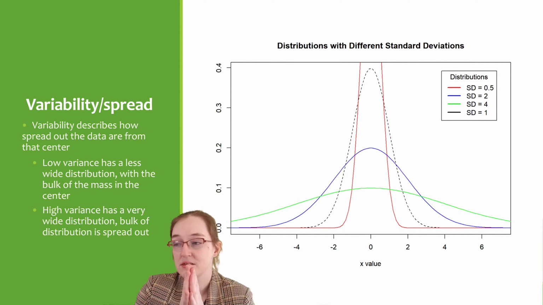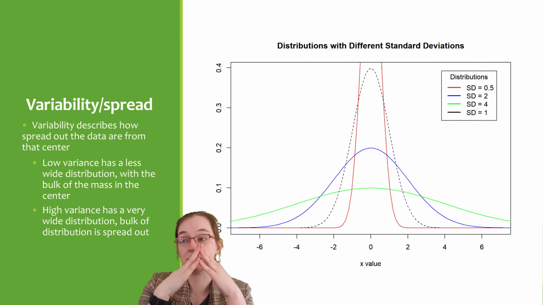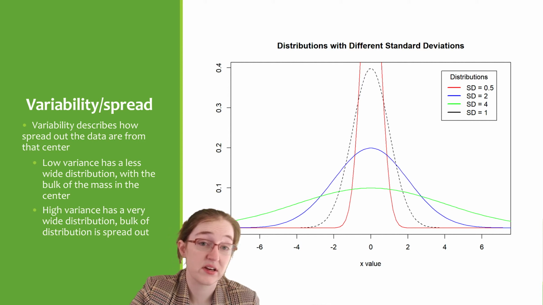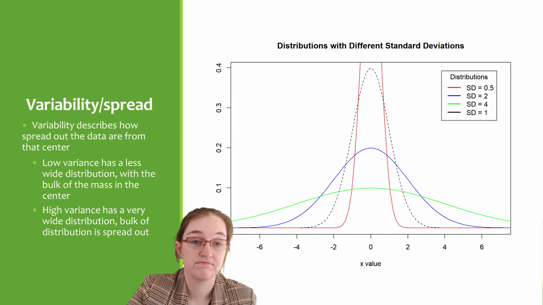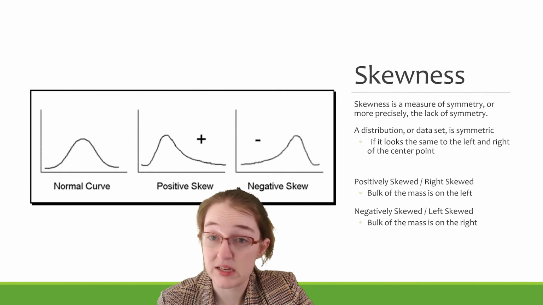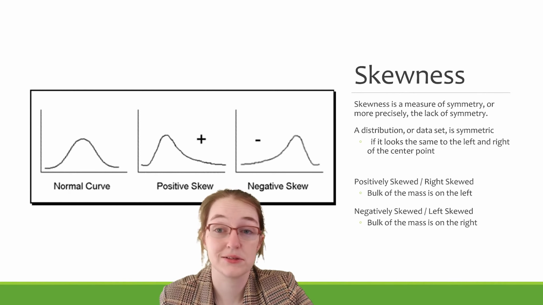High variance means that the bulk of your data, while still around the center, is more spread out, as illustrated in these figures. So highly variable data, more space. Low variable data, less space. They still have the same amount, and the means are the same, but it widens your data.